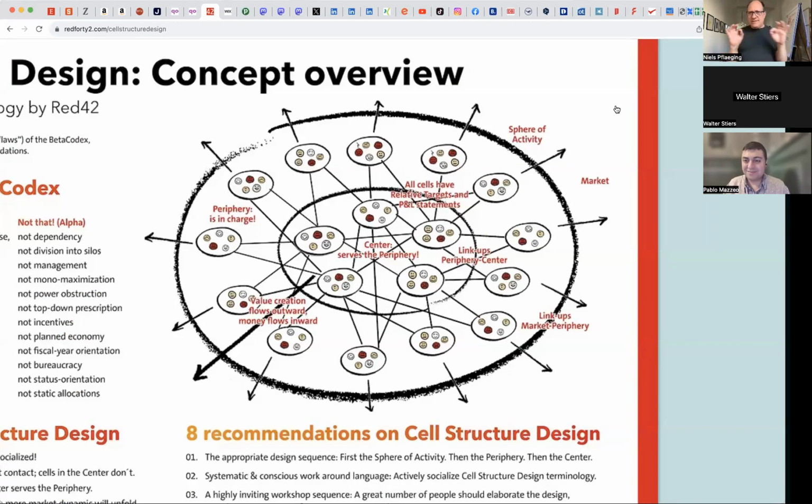That's the fundamental insight behind Beta Codex, behind also those great company cases like Toyota, Handelsbanken, DM Drogeriemarkt, Buurtzorg, etc. So self-structured design helps to decentralize decision-making to teams in the periphery so that these teams can run the business. Every periphery cell will own their own clients, own their own profit and loss statement, have their own financial results. They will own the money even in self-structured design. Yeah. So how is that beneficial?